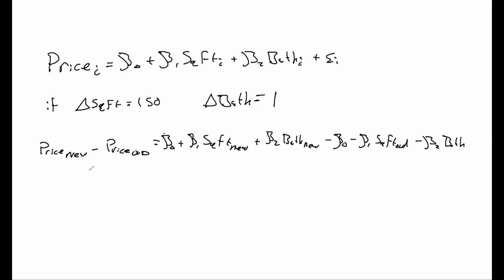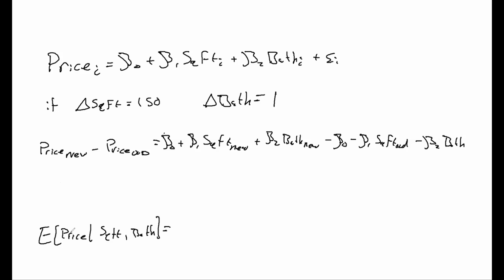Remember, this is the expected value. So we want to know the expected value, and the expected value of our error term is 0. So if we take the expected value of all of this, the error term just gives us 0. Just to not get too off topic, whenever we do this, we're saying we want to know the expected price given that we know the square feet and we know the bathrooms.